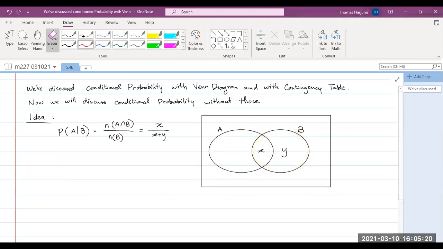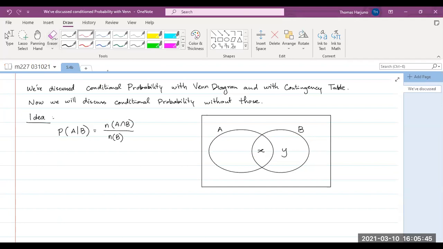Okay, good. So what we did last time basically was the number of elements in set B, the condition, is on the denominator. And of those in B, how many of them are also in A, that's what we put on the numerator.